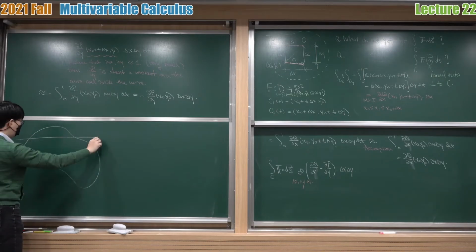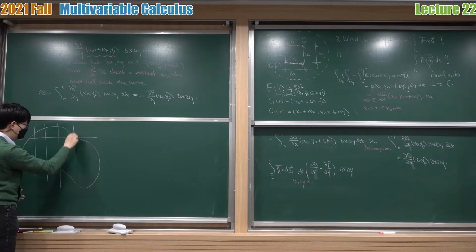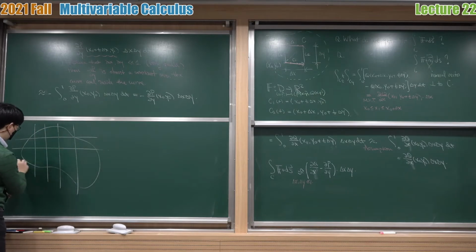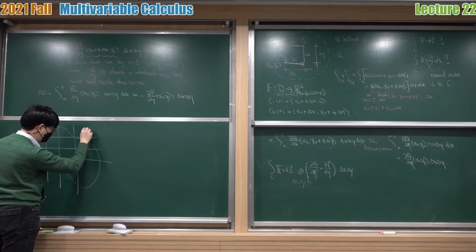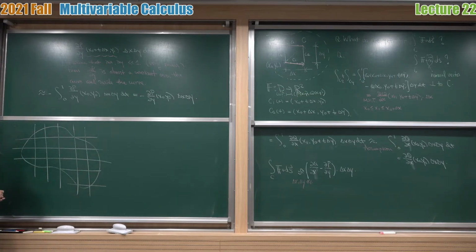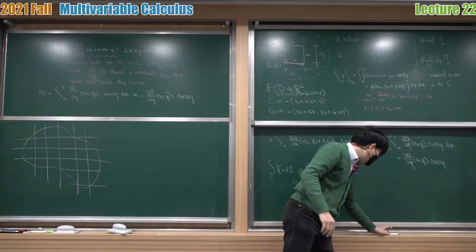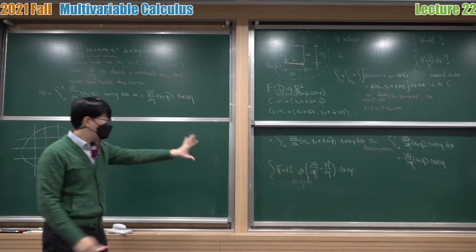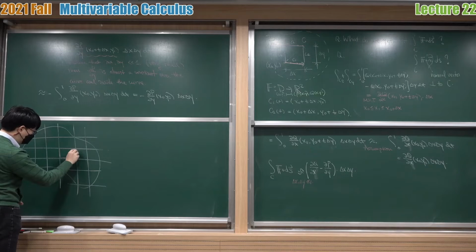I'm going to subdivide that curve into regular pieces, like pieces like this, and suppose that these are very small pieces. I'm going to make the same argument for every piece of this curve.